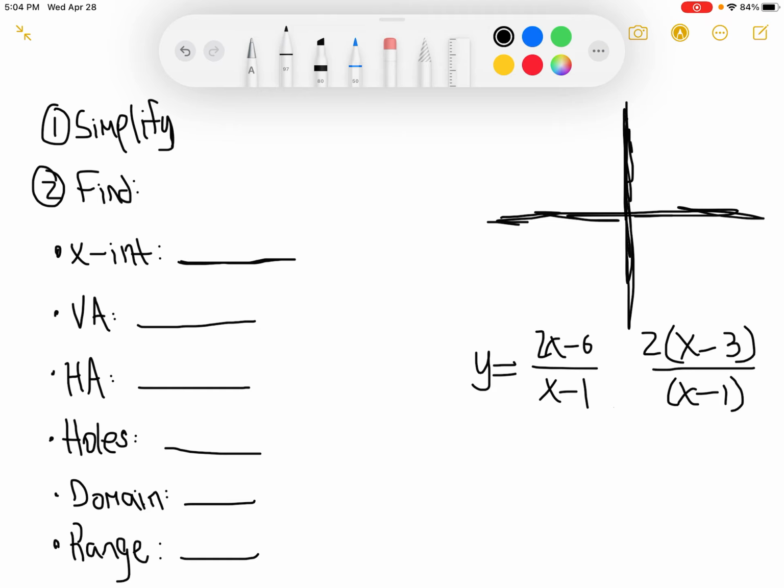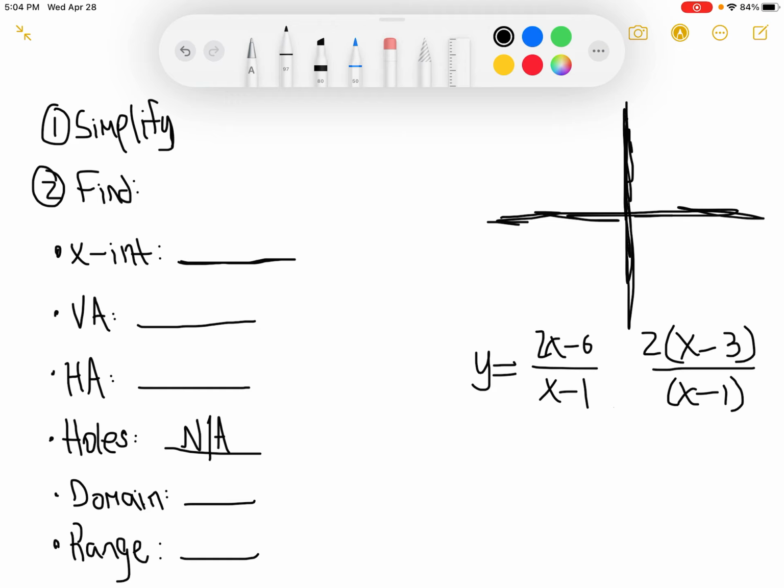The only reason they tell you to simplify is in case something cancels out, and if something cancels out, there's a hole. Since nothing canceled out, we can already say no holes on this one.